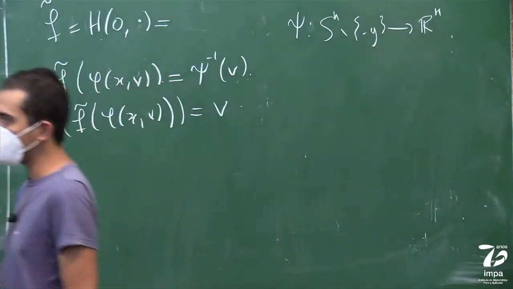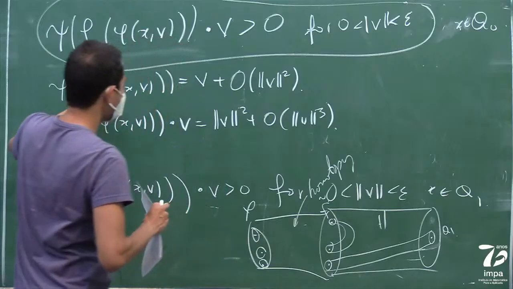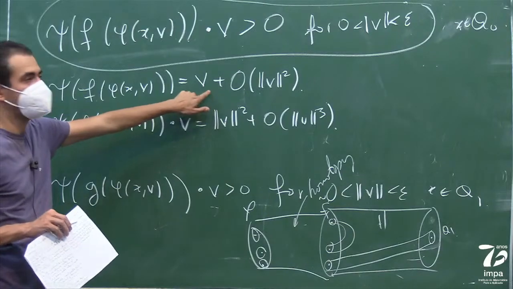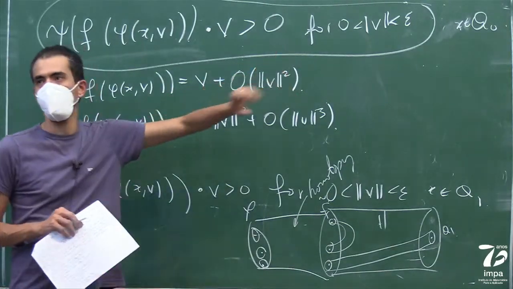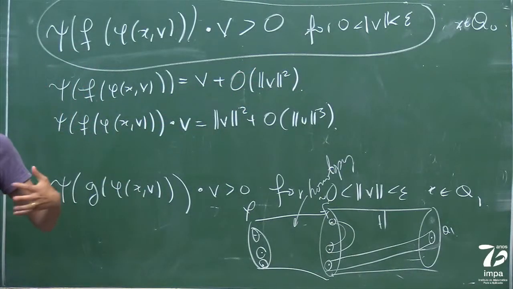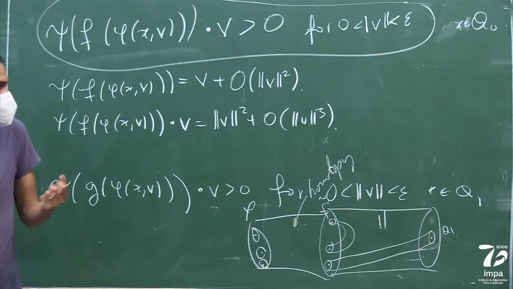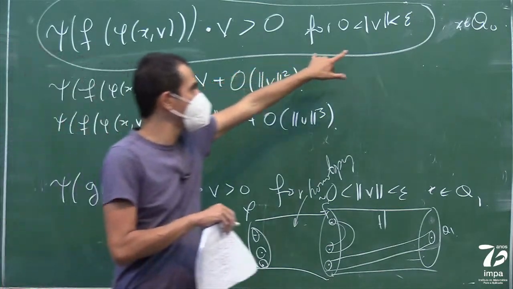And for f, it's not as good. For f, when I look in these coordinates, I have v plus some higher order terms. But what I can do is some brute force homotopy, just homotoping one to the other. But it will only really work well in this ball of radius epsilon.